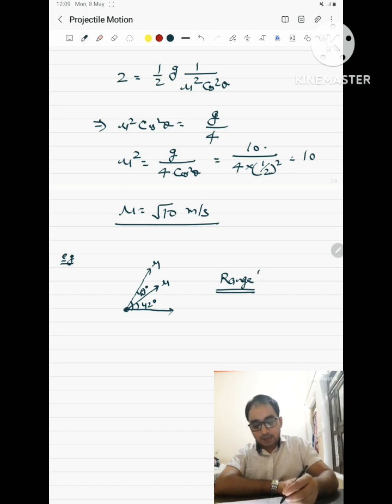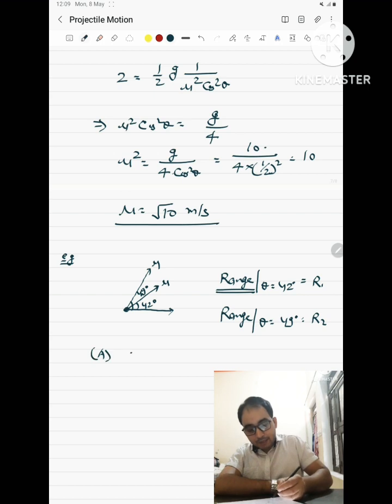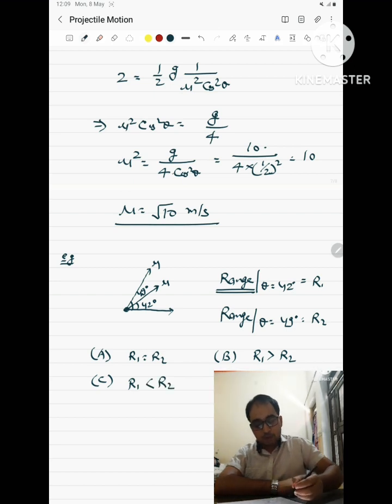Suppose the range when theta is 42 degree is R1, and the range when theta is 49 degree is R2. Then we have to tell: A, R1 equals R2, B, R1 is greater than R2, C option is R1 is less than R2, or D option is none of these.